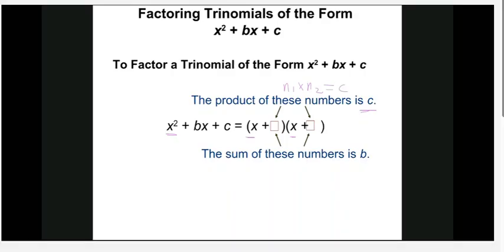This one is our number 1, this one is our number 2, and number 1 plus number 2 equals b. So that's what we're going to try to find out, these two numbers.